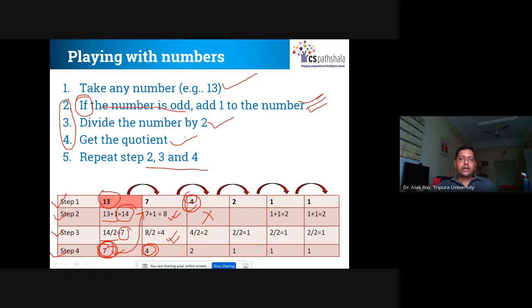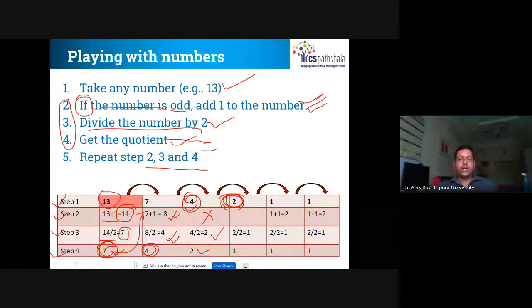But step 3 will continue. So 4 divided by 2 gives 2. So the quotient here is 2. So repeat for 2. Since 2 is an even number, step 2 will not be repeated, whereas step 3 will: 2 divided by 2, the quotient is 1.